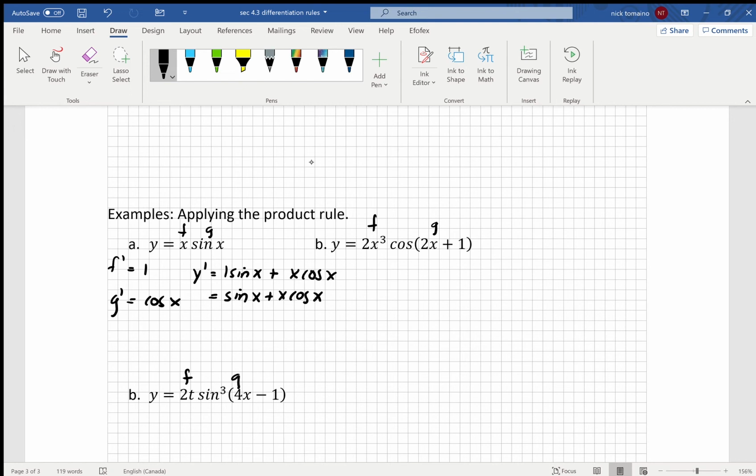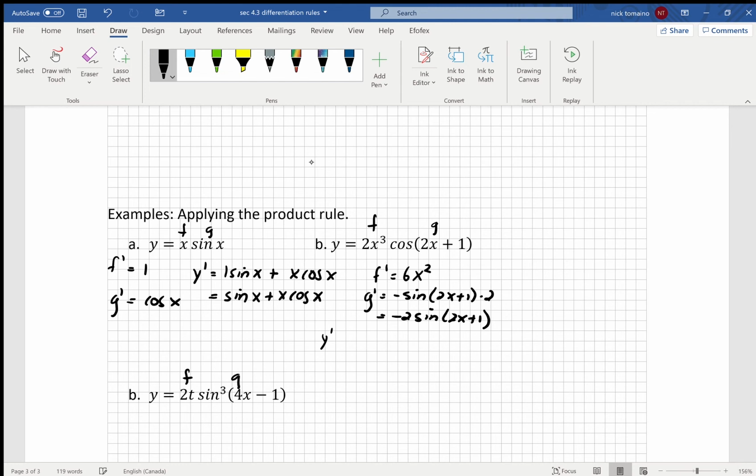Next one here, F prime is equal to 6x squared. G prime is equal to negative sine 2x plus 1 times 2, or negative 2 sine 2x plus 1. Okay, so write it down here.